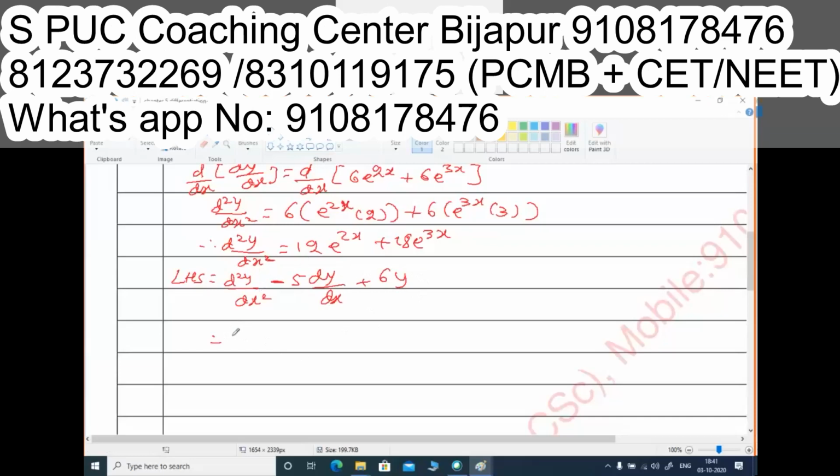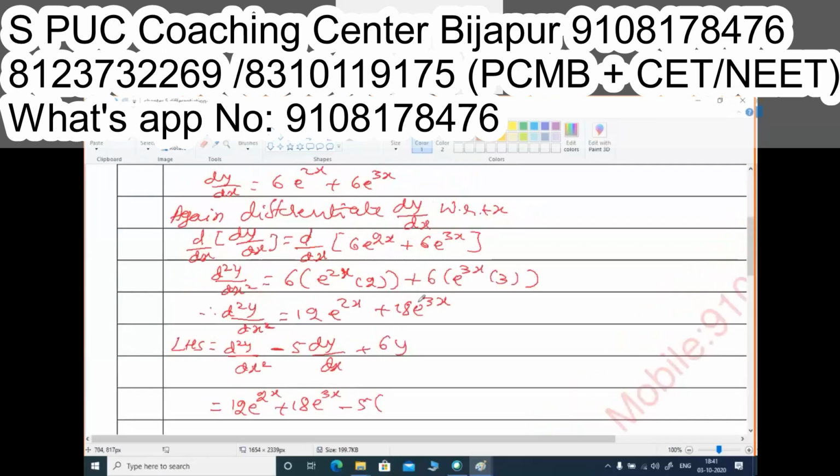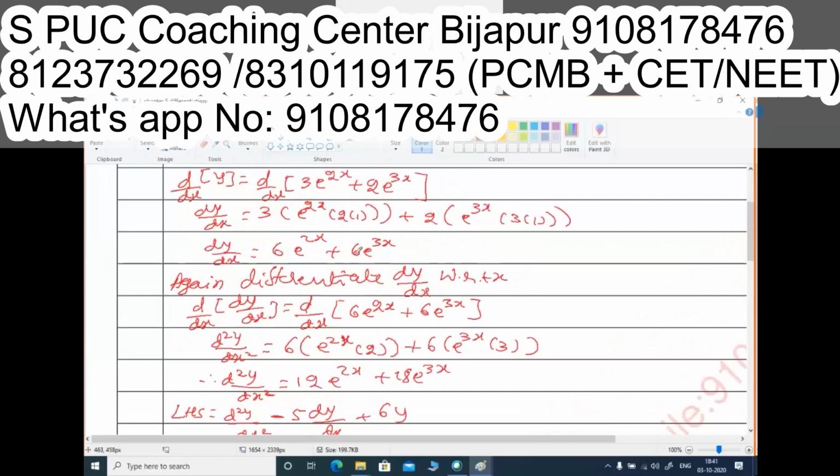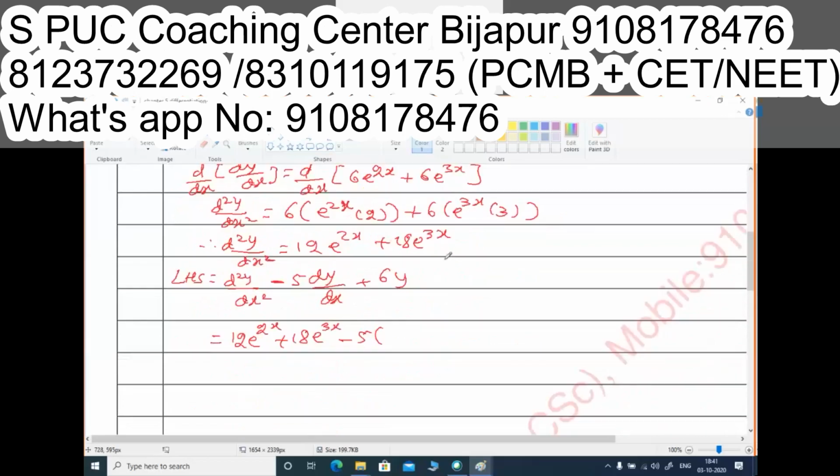Substitute all these: 12 e raised to 2x plus 18 e raised to 3x minus 5 bracket, what is dy by dx? See here, that is 6 e raised to 2x plus 6 e raised to 3x.